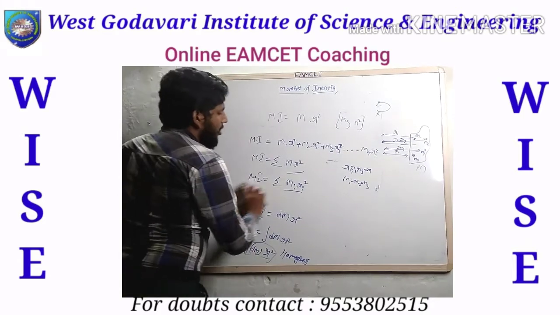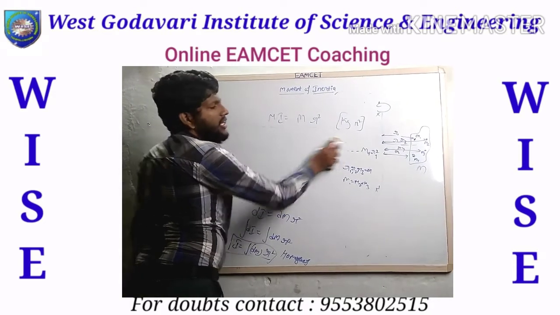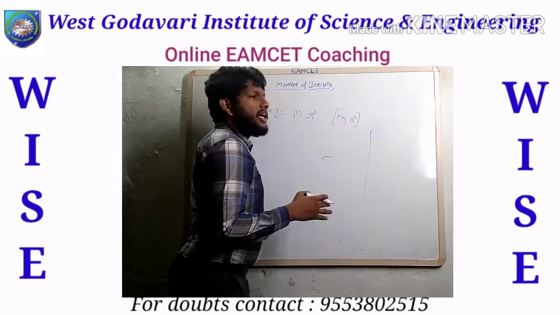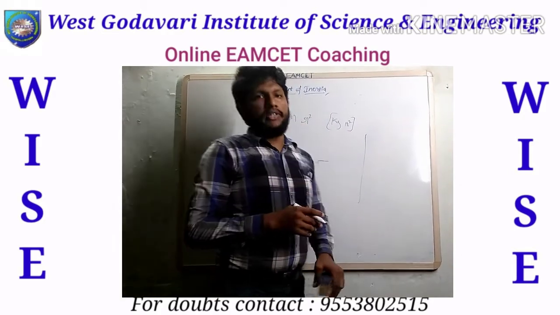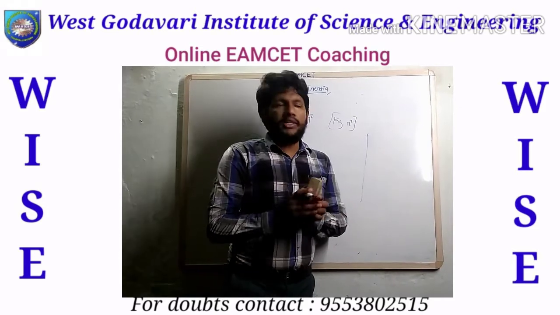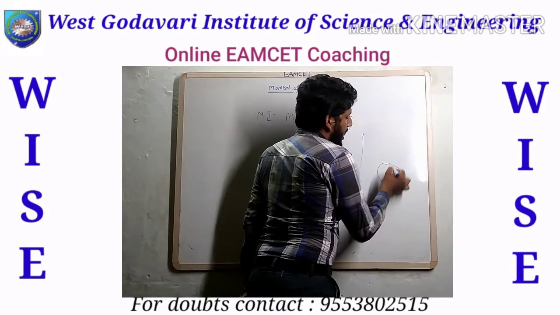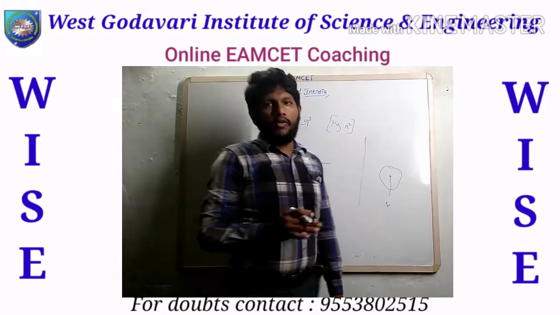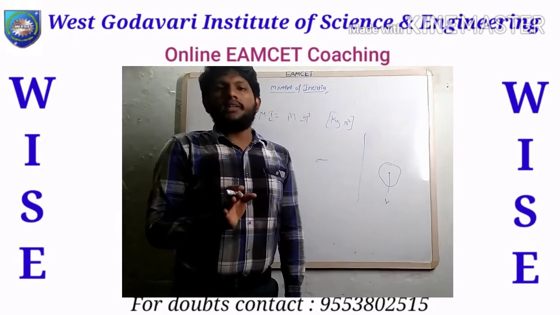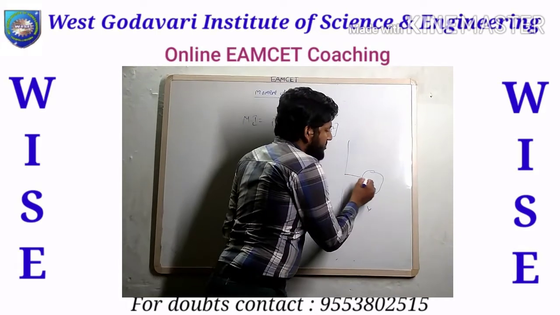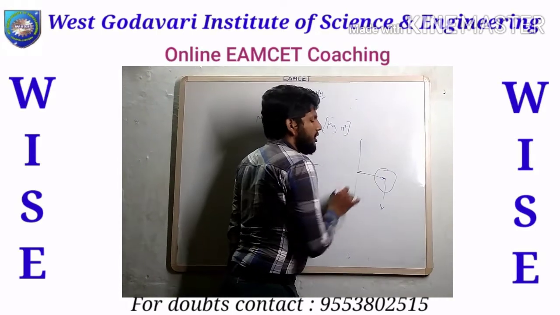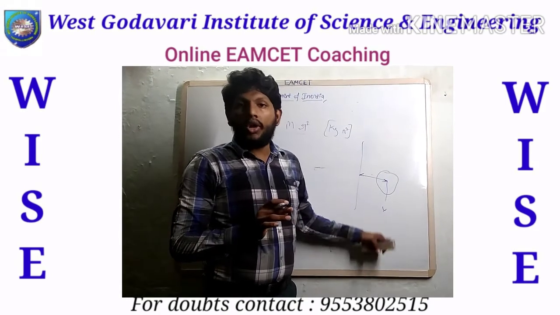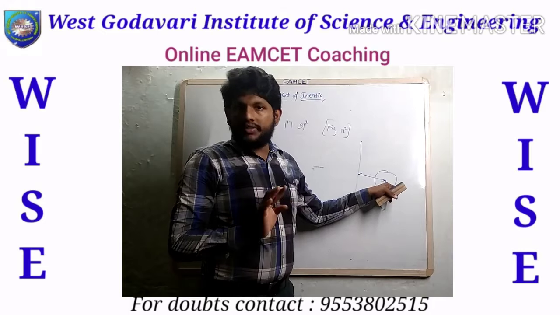After that we have another topic, that is radius of gyration. Radius of gyration is the concept that finds the distance from the center of mass. We all know what the center of mass is: the point of a body at which the gravitational force acts is known as the center of mass.